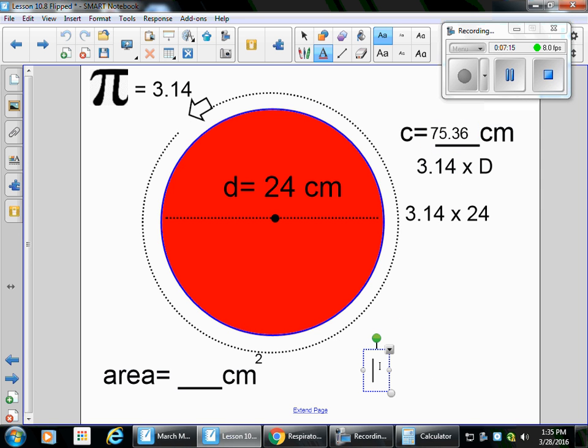Now, when you're thinking area, remember, this is a little more of a process. 3.14 times radius squared. So always remember that finding the area is a two-step process with the multiplication.